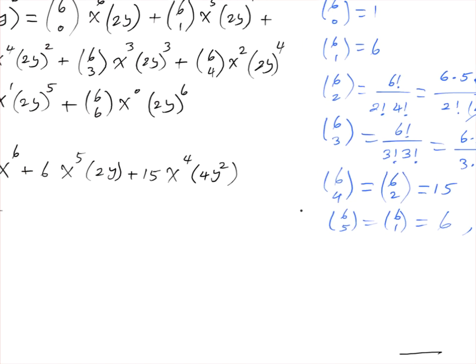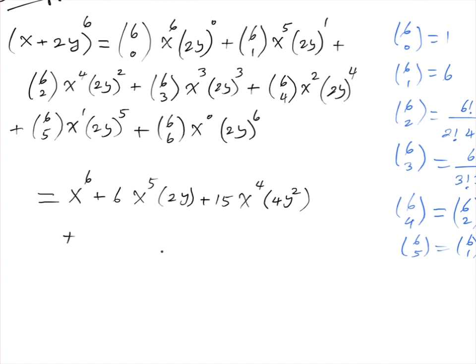Okay. And that is multiplied by x to the 3rd power times 2y to the 3rd power. 2 to the 3rd is 8. So that's 8y cubed. And then plus 6 choose 4.